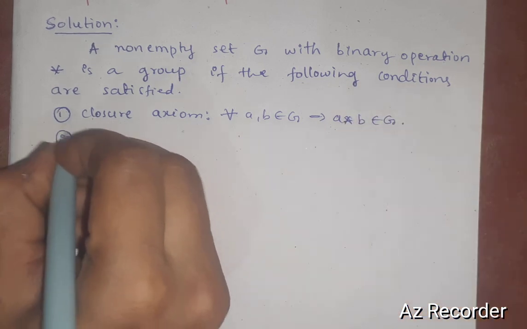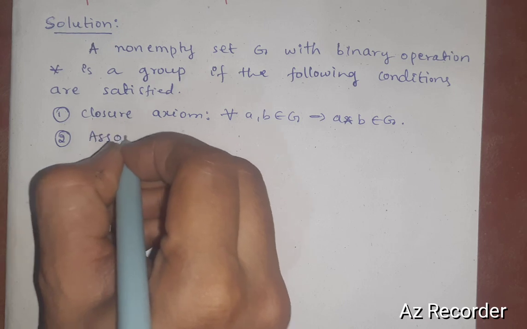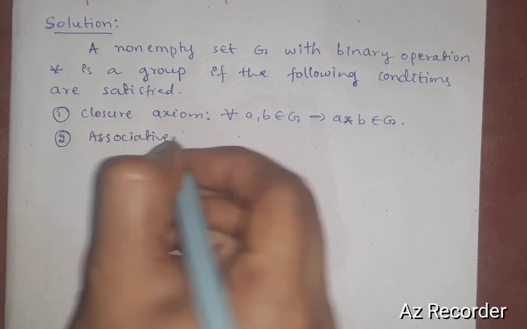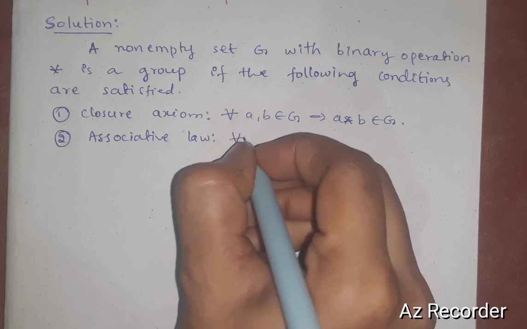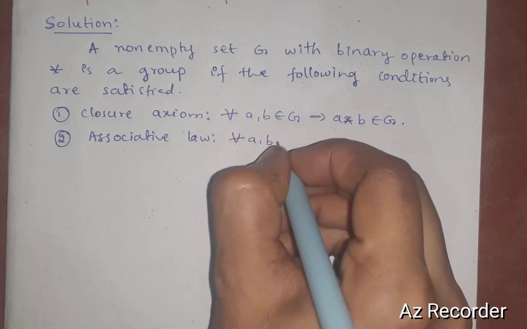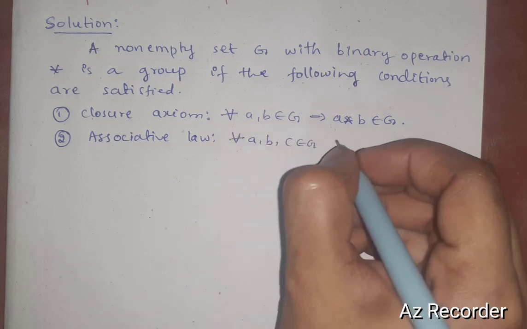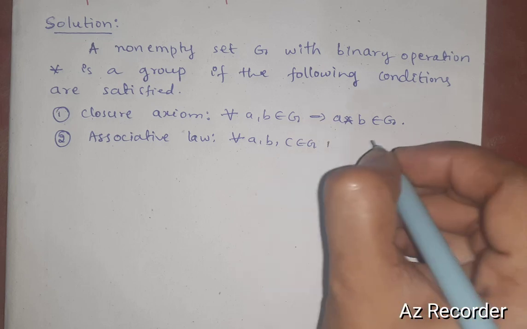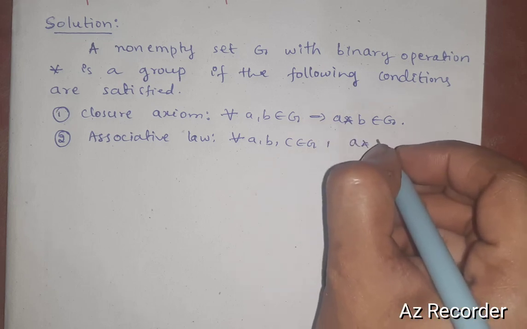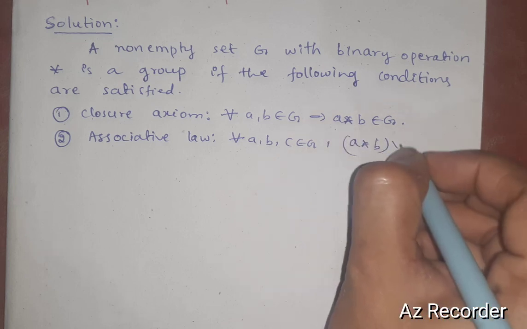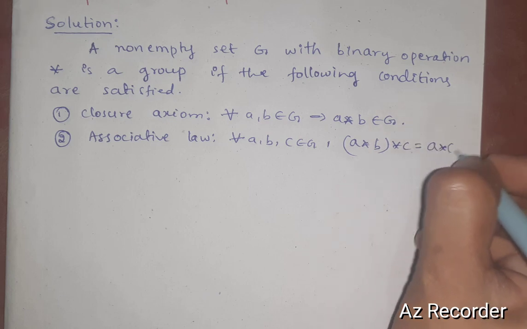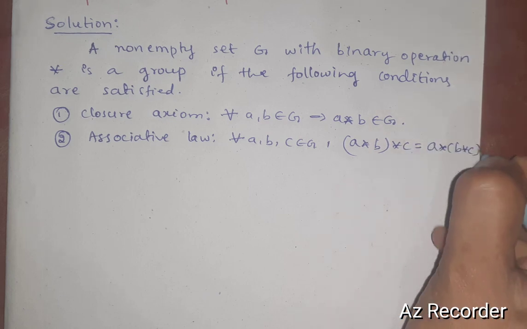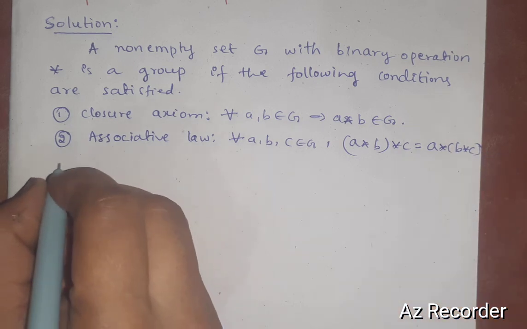Second, associative law. For all a, b, c belonging to G, we must have (a star b) star c equal to a star (b star c). Okay, this is the second property.